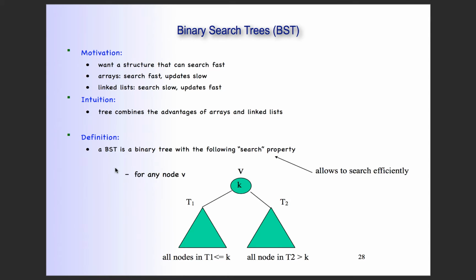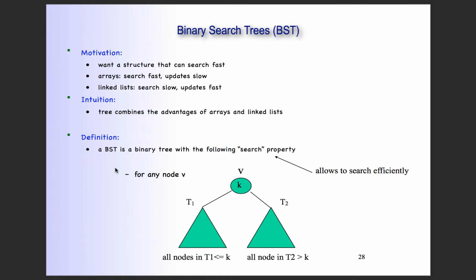When they work with several data, they try to find those data from different databases or different files. If you don't have an efficient algorithm or process to find data, then you probably need more time to do operations. So that is the motivation for having a data structure called the binary search tree.